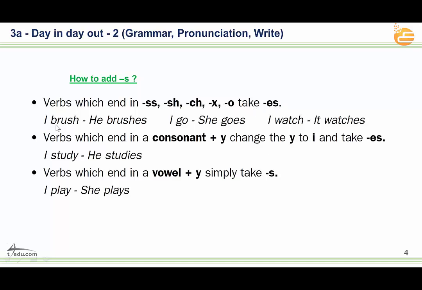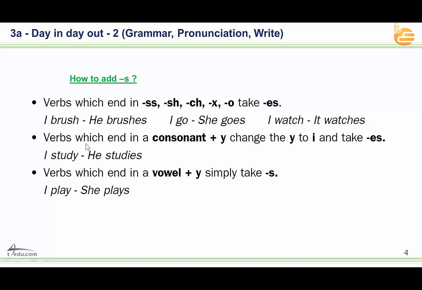For example, I brush, he brushes. This one is sh, can you see it? So we have to add es, not only s. I go, she goes. O, so we have to add es. I watch, watches. This is ch, es.